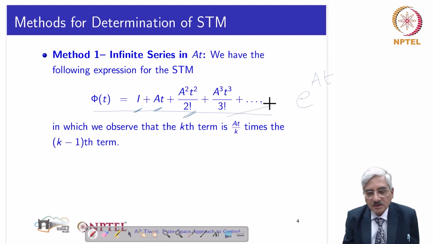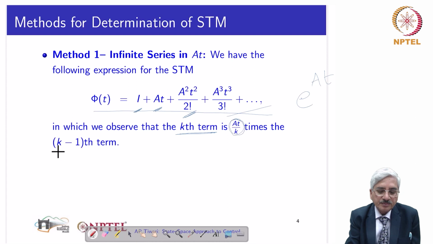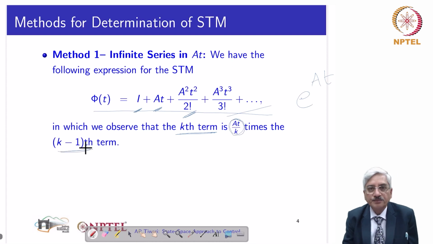We note in this that the kth term is At by k times the previous term, the (k minus 1)th term.